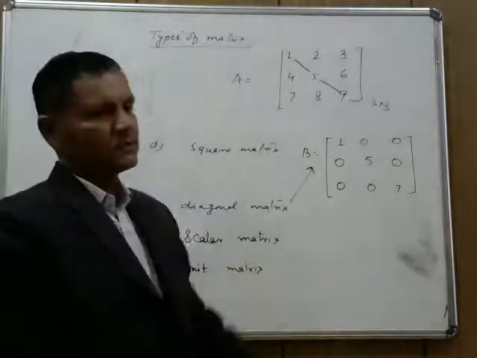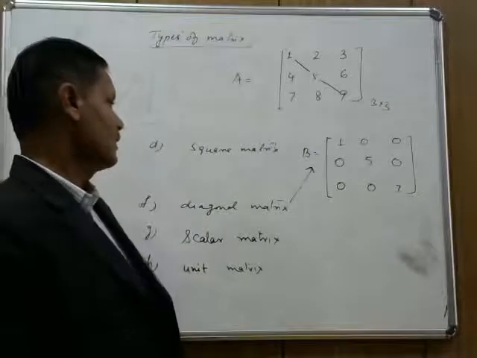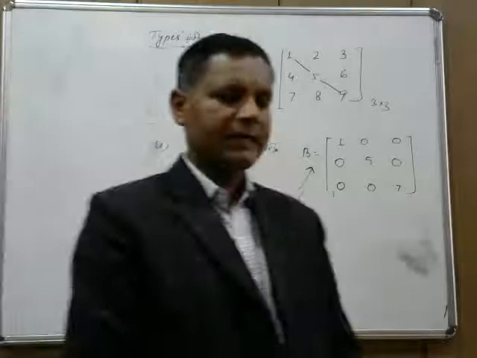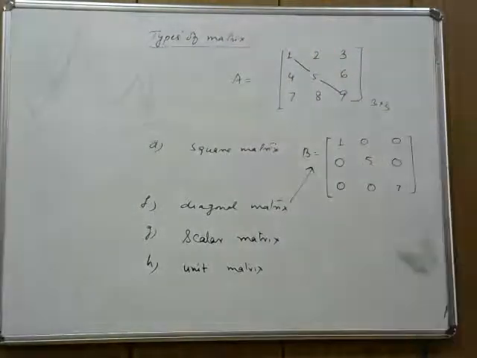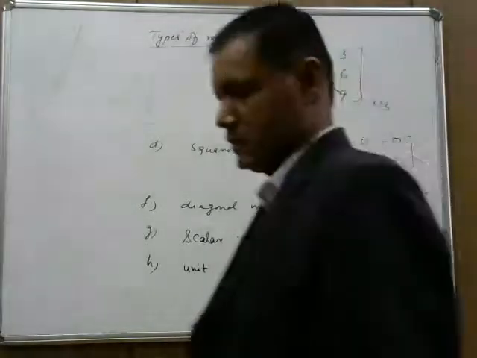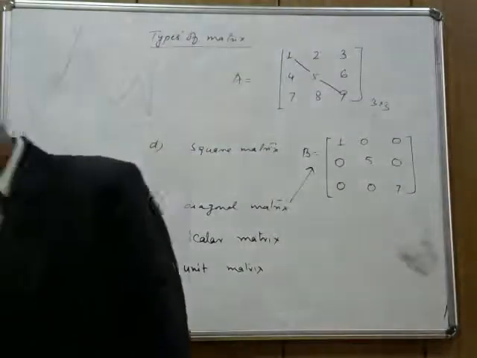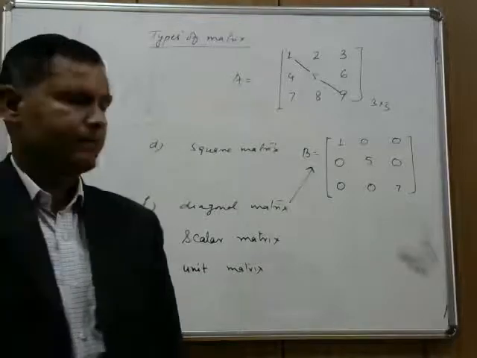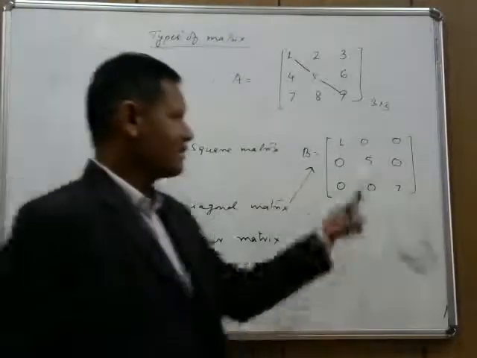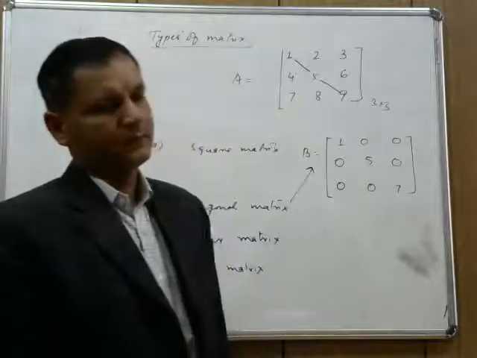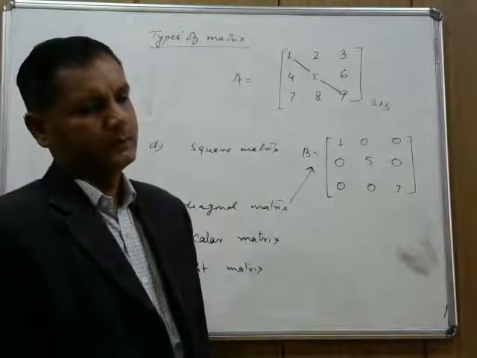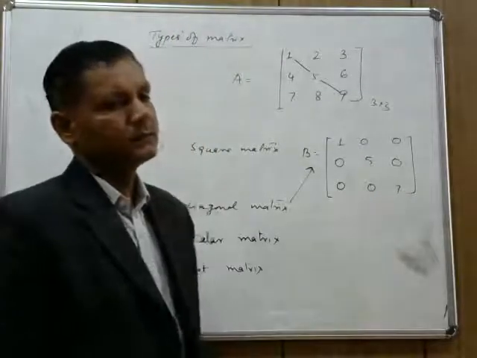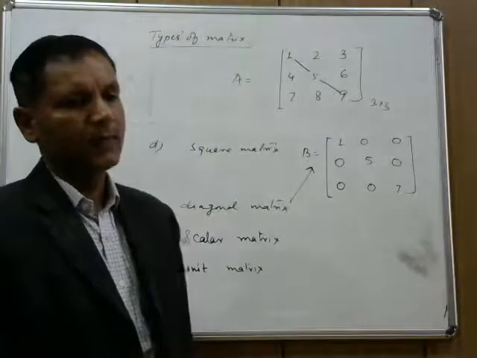In a square matrix, first of all, for being a diagonal matrix, it should be a square matrix. Only a square matrix can be a diagonal matrix. So, first of all, a square matrix is a must. A square matrix is called a diagonal matrix if all its non-diagonal elements are 0 and each diagonal element has some number.